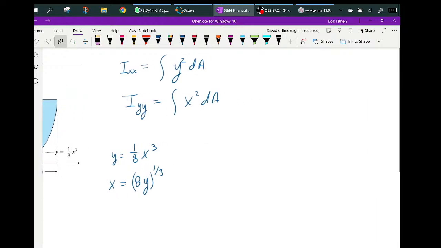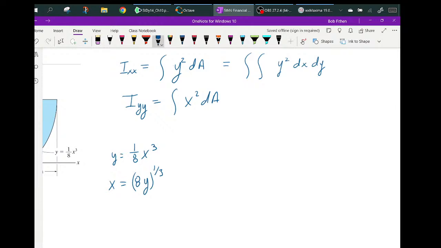Okay, so this tells you that, in fact, y squared dx dy, or how are you going to do this? Okay, so here's what we want to do. I think in hindsight, I'll do the Ixx first.